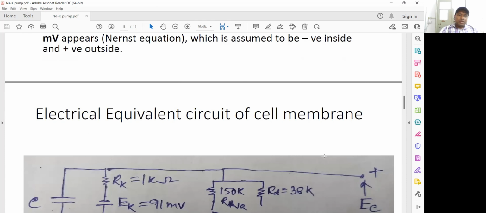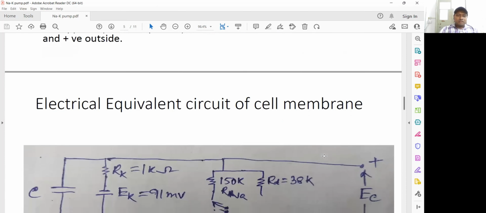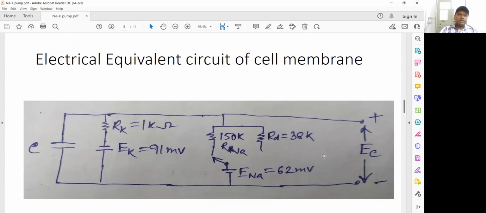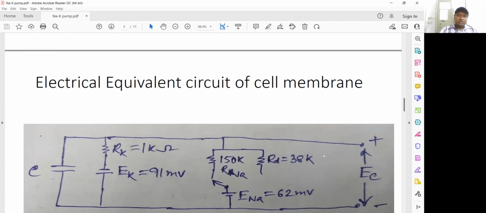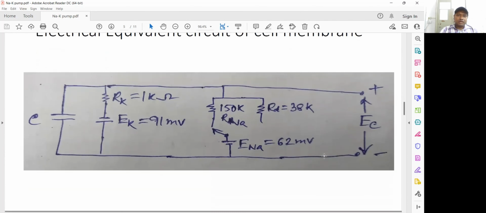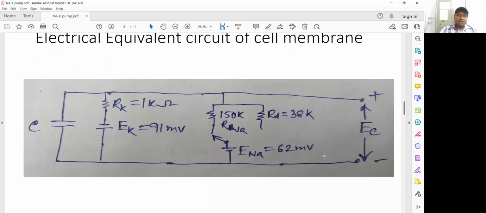Now we have tried to electrically make the equivalent circuit of the cell membrane, which is semi-permeable in nature. So this is the circuit, the electrical equivalent of the cell membrane. In this circuit, I have shown a capacitor.